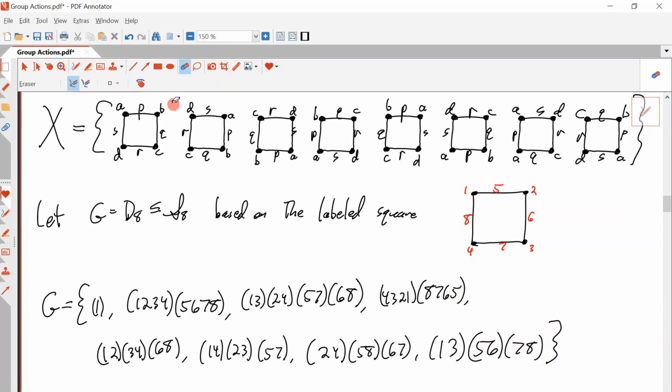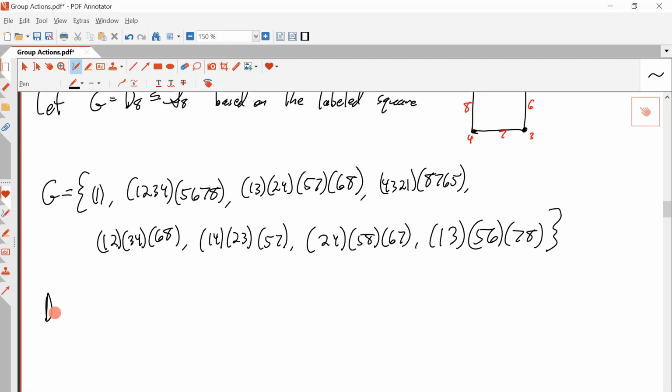So that is it, and now define the action of G on X as before.